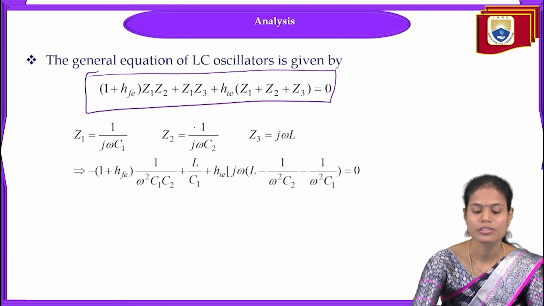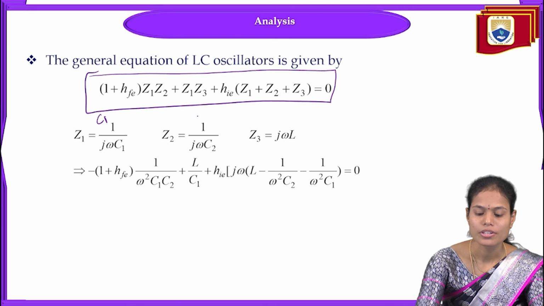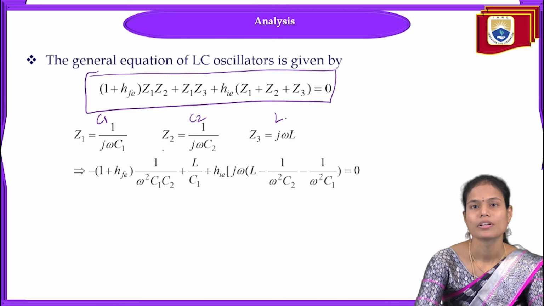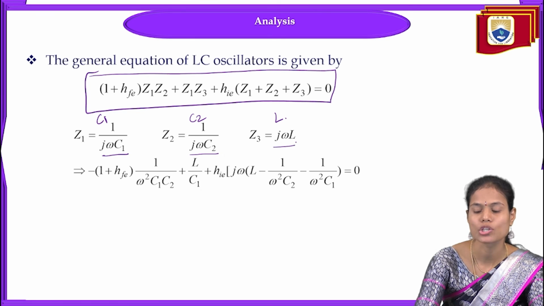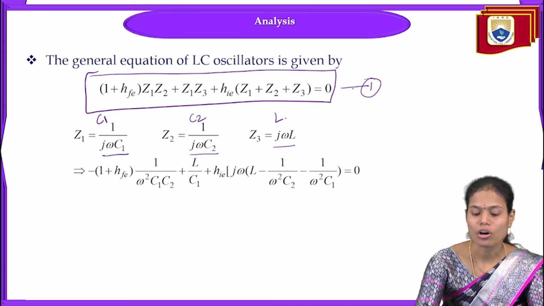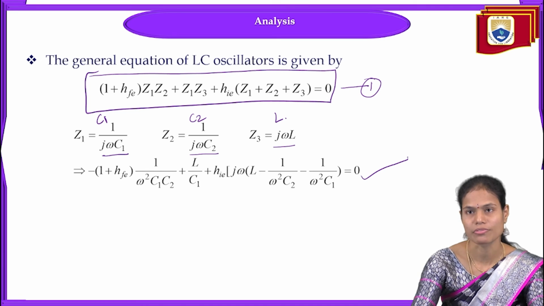In this case, Z1 equal to C1, Z2 equal to C2, Z3 equal to L. So the reactance of the capacitor is 1 by j omega C1, and here it is 1 by j omega C2, and the reactance of the inductor is j omega L. Now substitute all these Z1, Z2, Z3 values in equation 1, so that we will get this one.